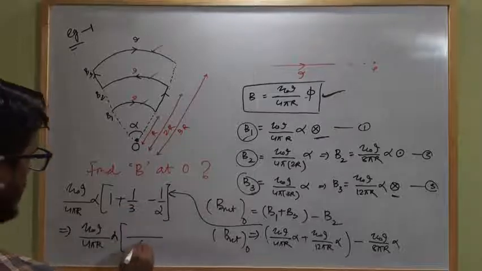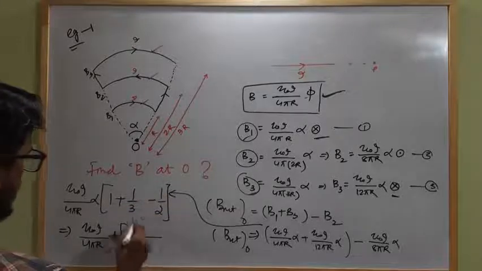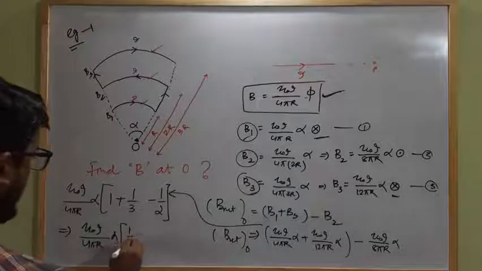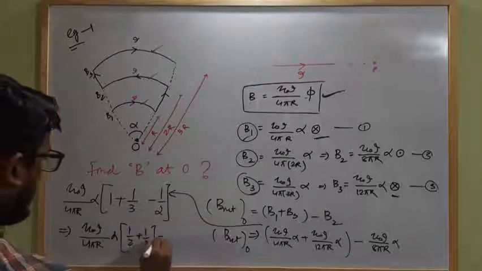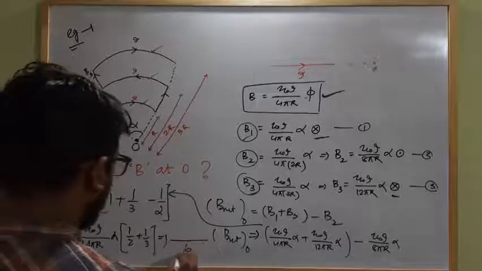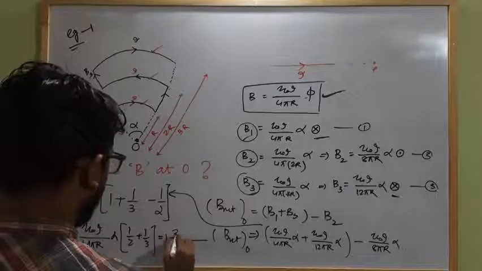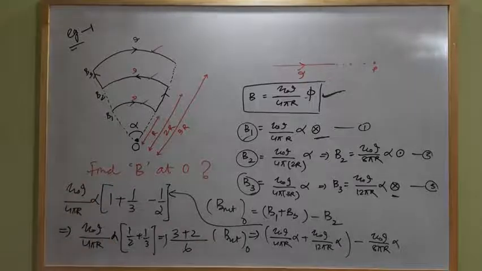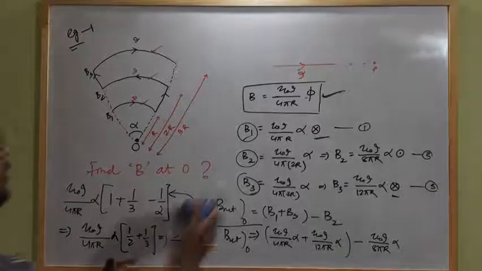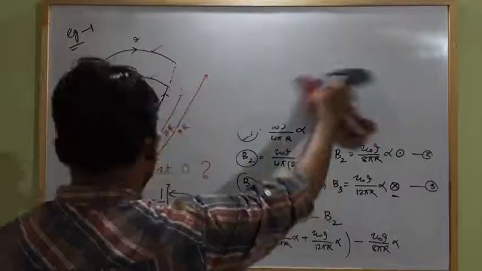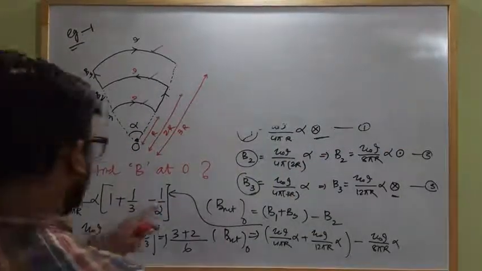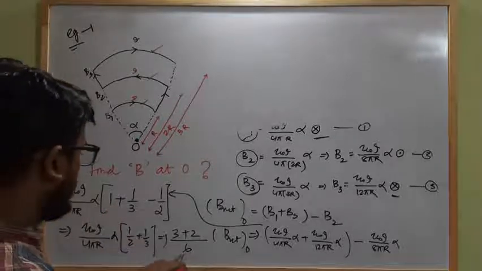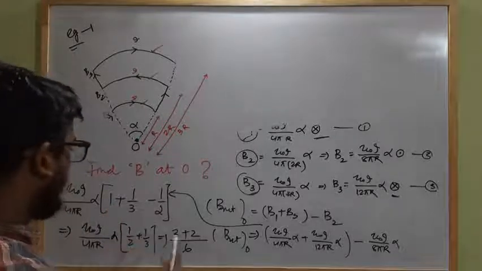The LCM will be 6, 3 plus 2, 5 by 6. This will be half minus 1... 1 by 2 plus 1 by 3, LCM will be 6, it will be 3, it will be 2, 5 by 6.